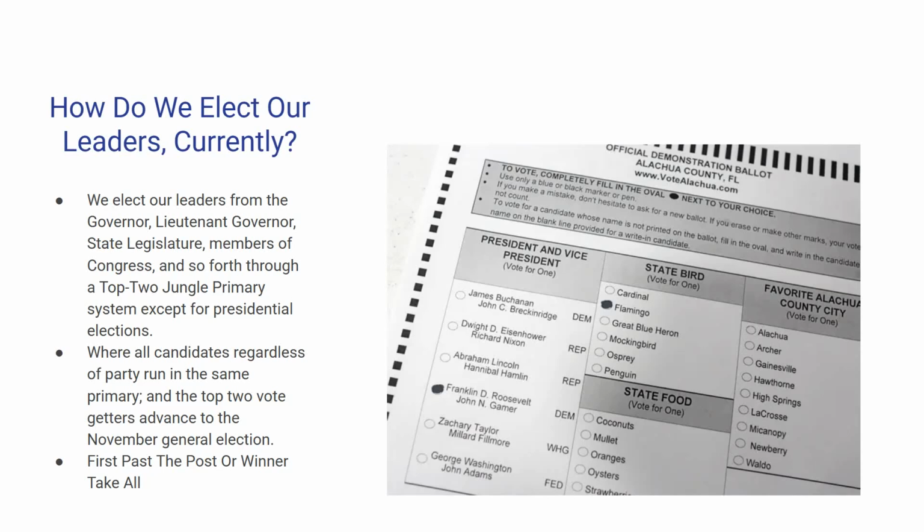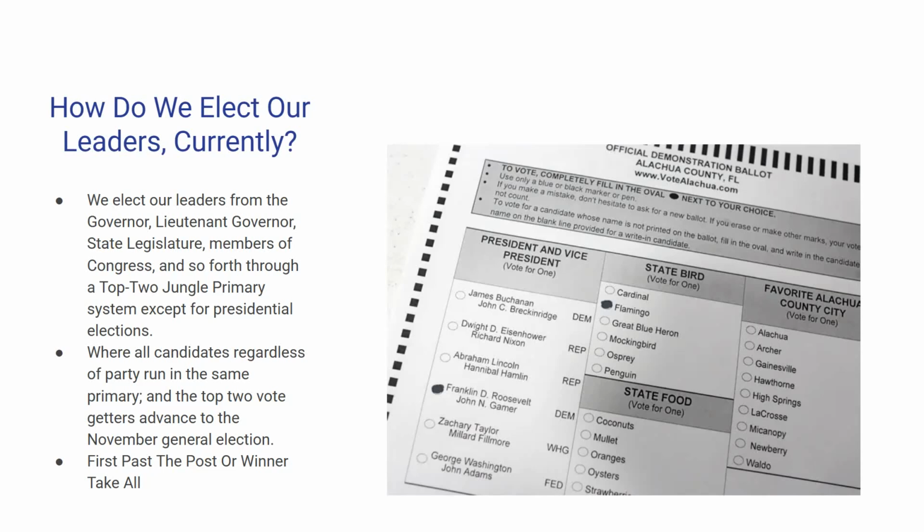where under the top two system, all candidates, regardless of party, run in the same primary, and the top two vote getters advance to the November general election. So, under a top two jungle primary, all voters only vote in one primary, where they can vote for any candidate.